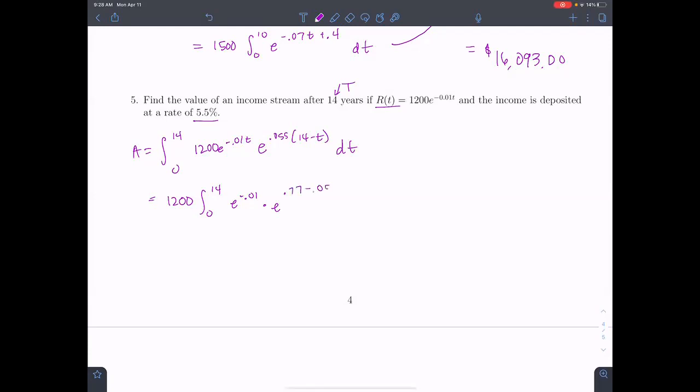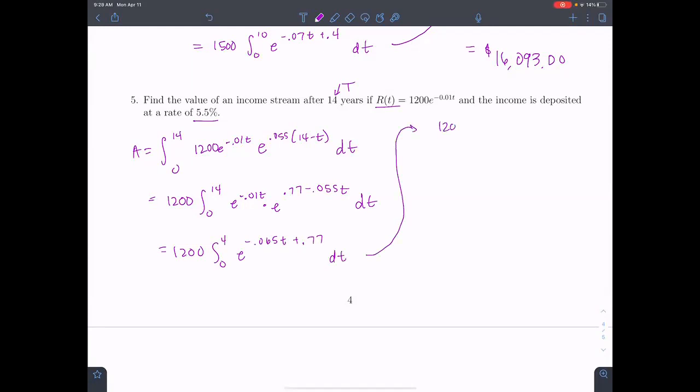Minus 0.055t. And then add those exponents. This is a t. So e to the negative 0.065t plus 0.77 dt.